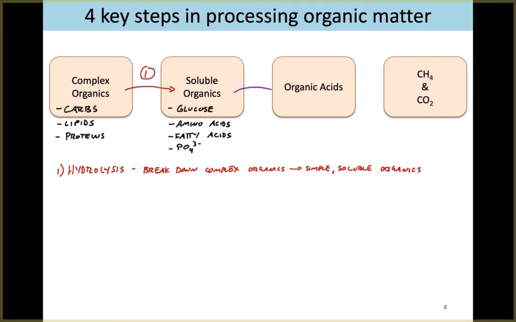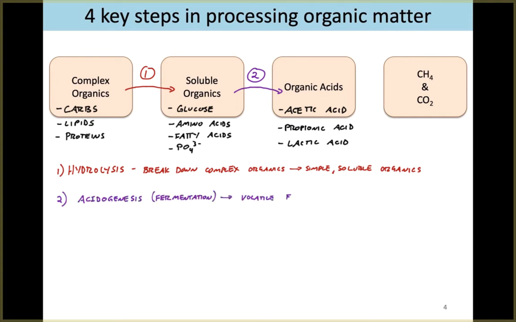Those soluble organics are then in turn converted into organic acids. Ultimately, we're after acetic acid in this process, but there will be other more complicated organic acids that form, things like lactic acids. Well, there's sort of a two-step process between soluble organics and the organic acid. The first one is acidogenesis, and this is basically the process of fermentation.